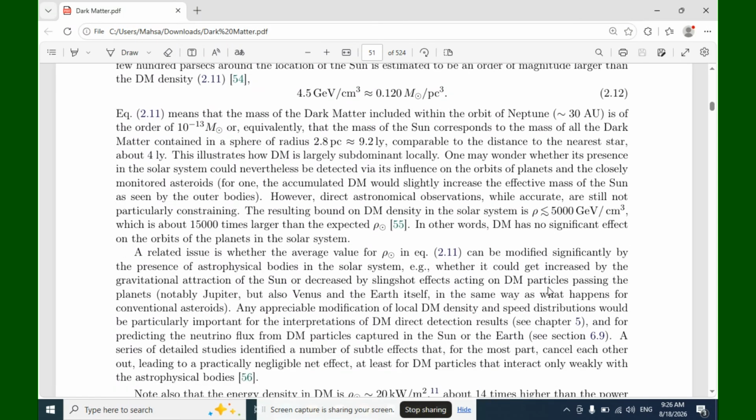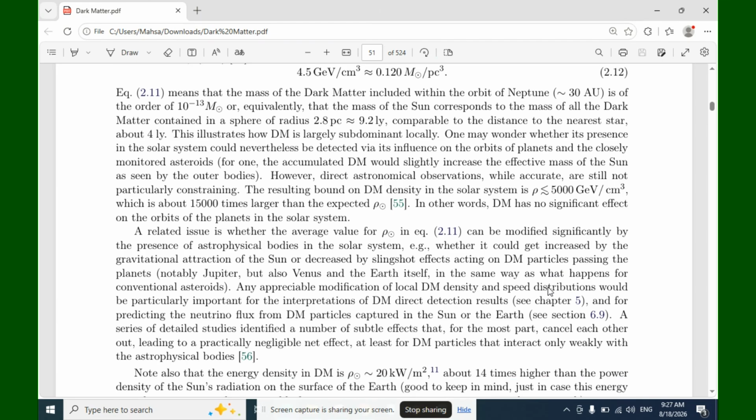A related issue is whether the average value for rho in equation 2.11 can be modified significantly by the presence of the astrophysical bodies in the solar system. For example, whether it could get increased by the gravitational attraction of the Sun or decreased by slingshot effects acting on dark matter particles passing the planets, notably Jupiter, but also Venus and the Earth itself, in the same way as what happens for conventional asteroids.